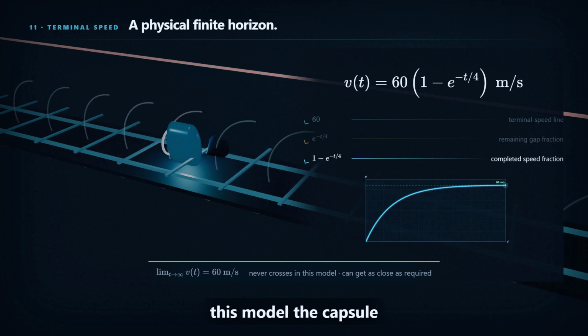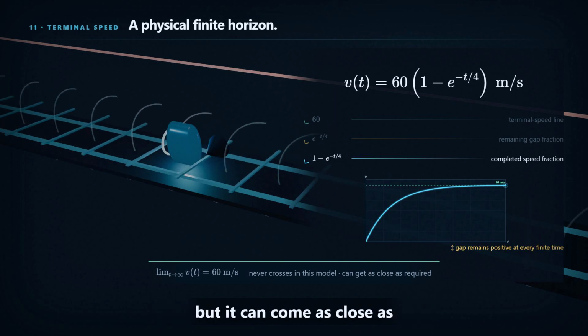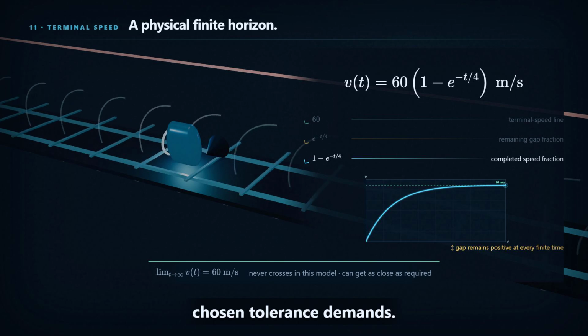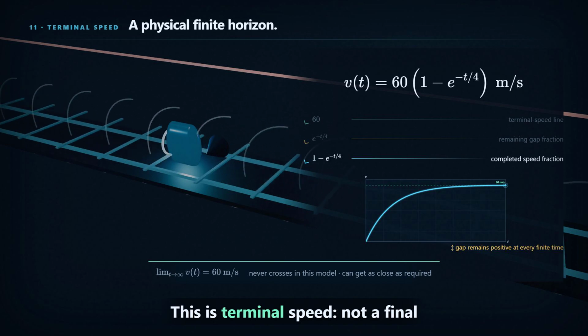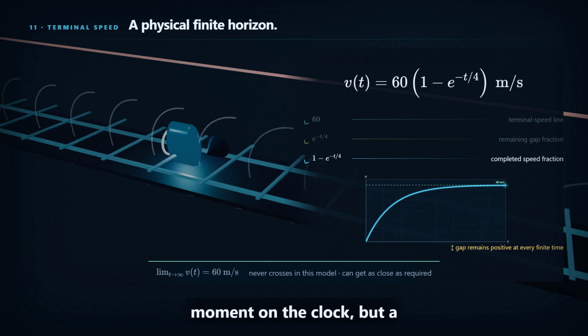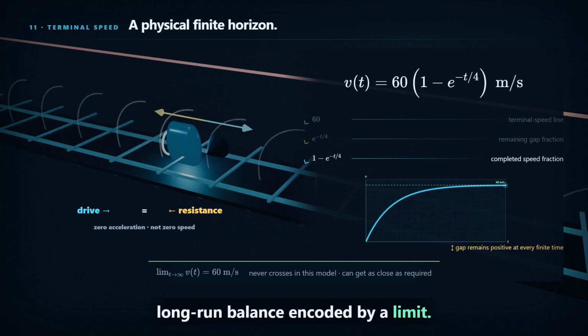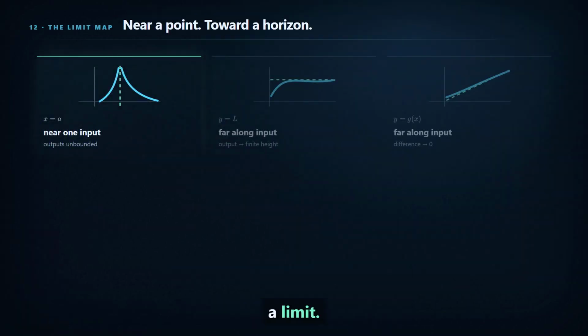In this model, the capsule never crosses 60 at any finite time, but it can come as close as a chosen tolerance demands. This is terminal speed, not a final moment on the clock, but a long-run balance encoded by a limit. We now have two ways to use a limit.